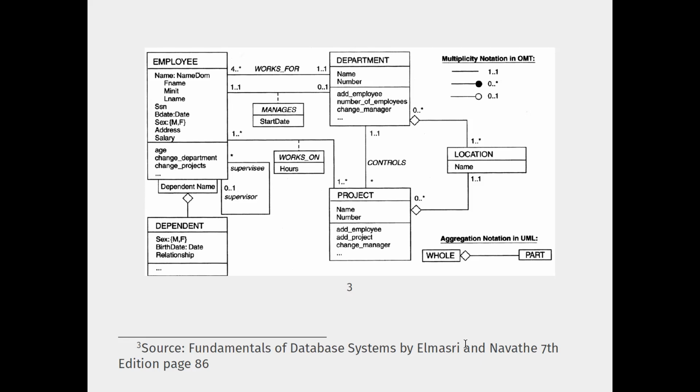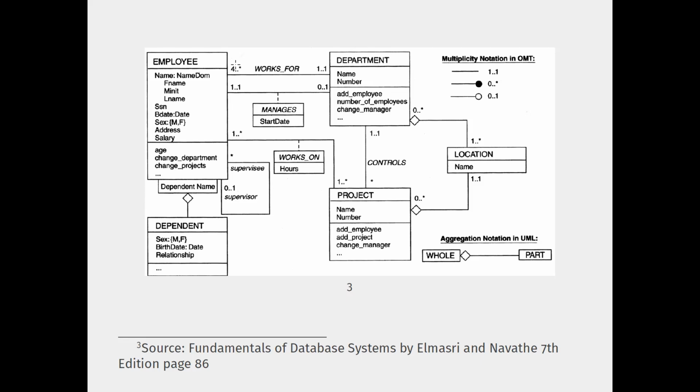And then we have lines that indicate the relationship. Now, for example, in this one, we can read it as employee works for a department. And you can see 1 and 1. So this notation is slightly different from the previous one. In the previous one, we just had 1. Here we have 4 and many. Like in a department, you can have a minimum of 4 employees and more.